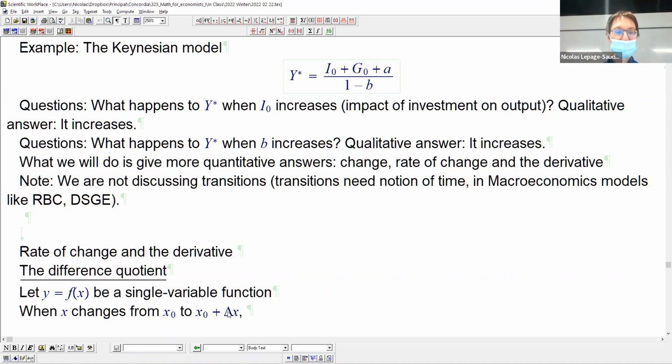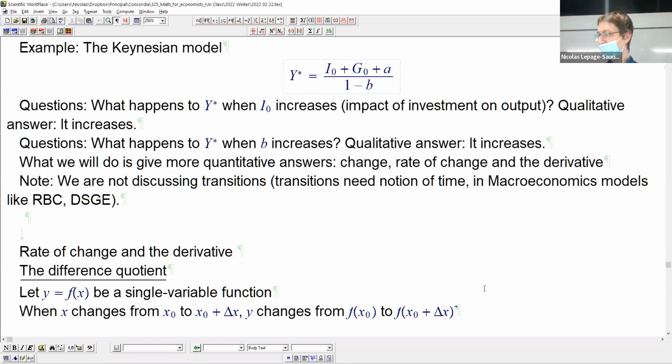So when x changes from x0 to x0 plus delta x, then y changes from f of x0 to f of x0 plus delta x. Imagine that I had I0 and then delta x is like delta I, so I would be looking at the change in y.